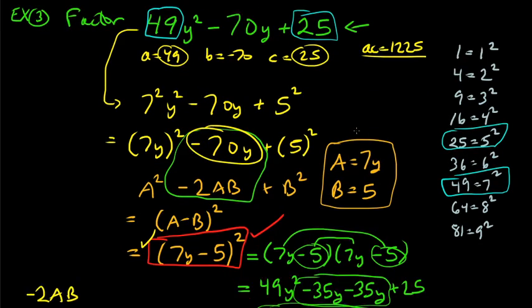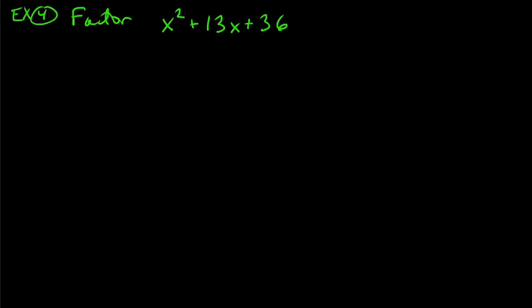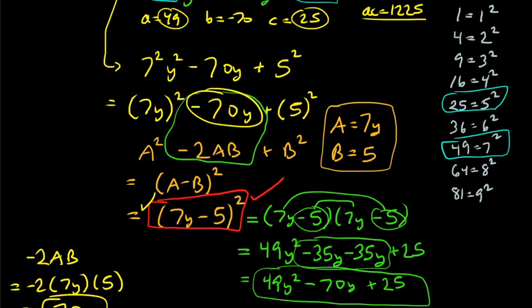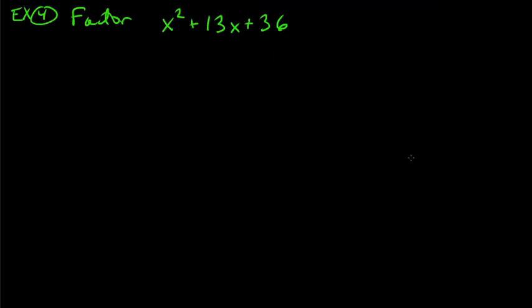Okay. All right, let's try another one. We want to factor x squared plus 13x plus 36. I think I had the 36 up here. 36 is a perfect square, so we could rewrite this as x squared plus 13x plus 6 squared.